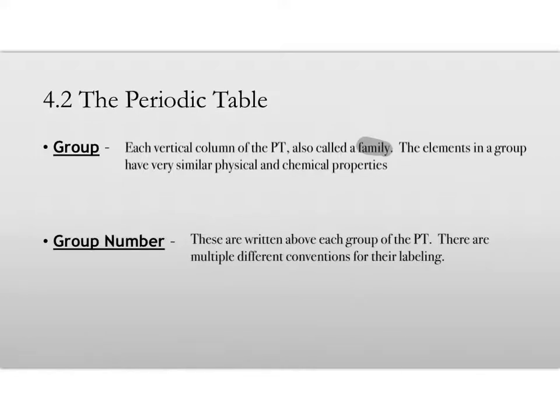The group numbers are written above each group at the top of the periodic table, and as it says here, there are multiple different conventions for their labeling. Your book has groups 1, 2, 3, 4, 5, 6, 7, 8, 9, 10, 11, 12, 13, 14, 15, 16, 17, and 18, but it also has 1A, 2A, and then it goes to 3B and through 8B, and then back to 1B and 2B, and then 3A to 8A.